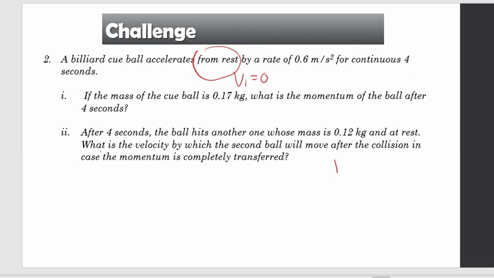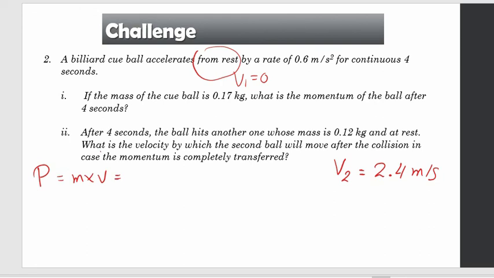So now after we found v2, which is 2.4 meter per second, all we need to do is find the momentum. The momentum is P equals mass times V.